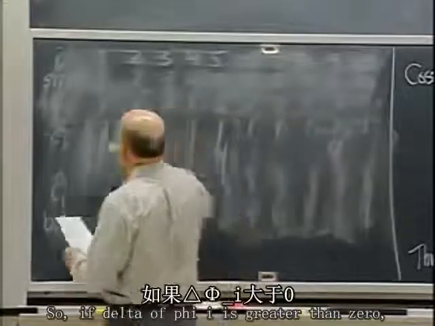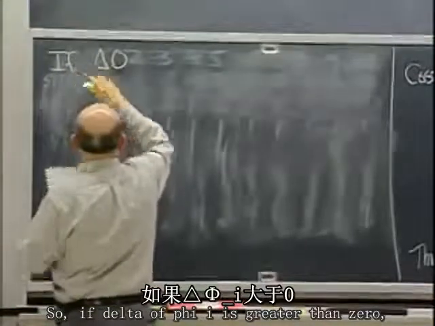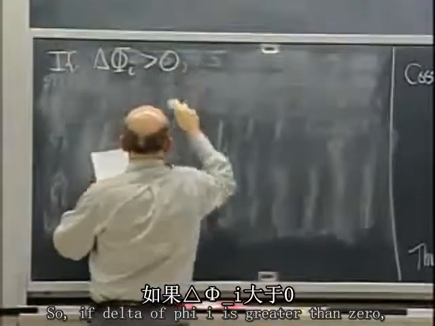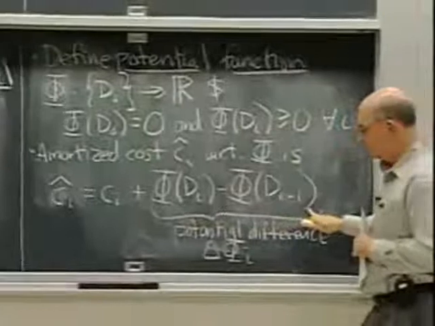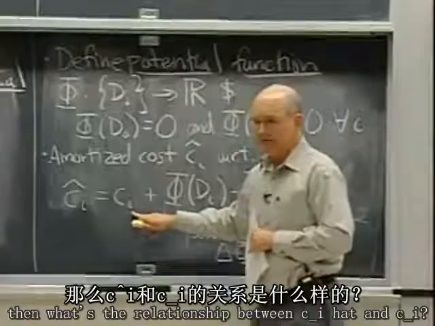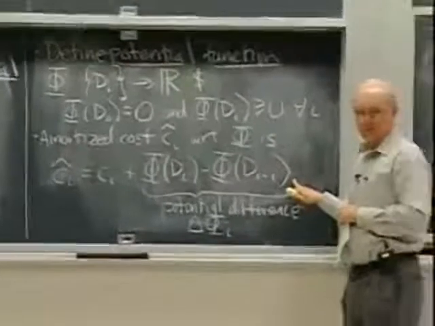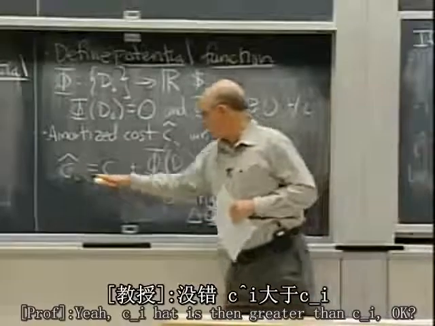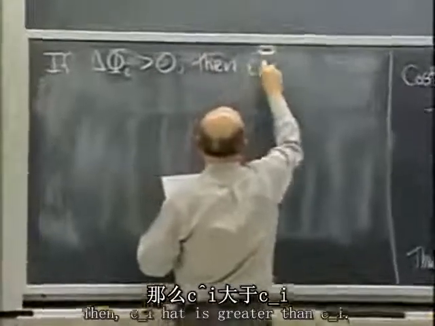So if delta of phi I is greater than 0, then what's the relationship between Ci hat and Ci? Yeah, Ci hat is then greater than Ci.